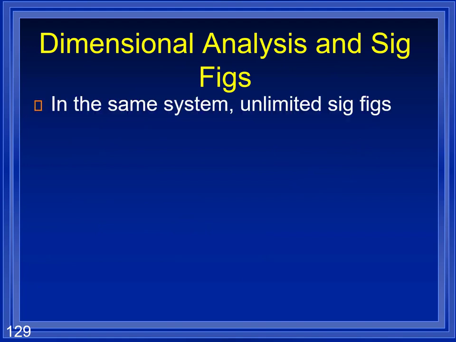Okay, so like we said, what I just showed you, that a metric conversion has unlimited sig figs. If it was all English system, pounds and ounces, inches and feet, those are definitions, so they have unlimited sig figs.